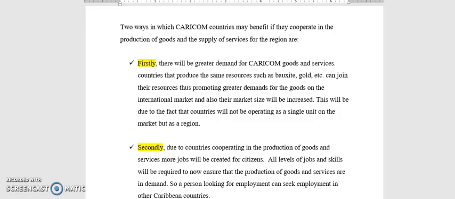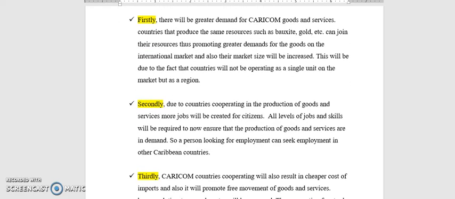And we know in order for production and the operation of businesses to be successful, there are different levels of jobs and skills that will be required, right, to now ensure that the production of goods and services are in demand, right? So a person who is looking for employment can look for jobs now outside of their country.